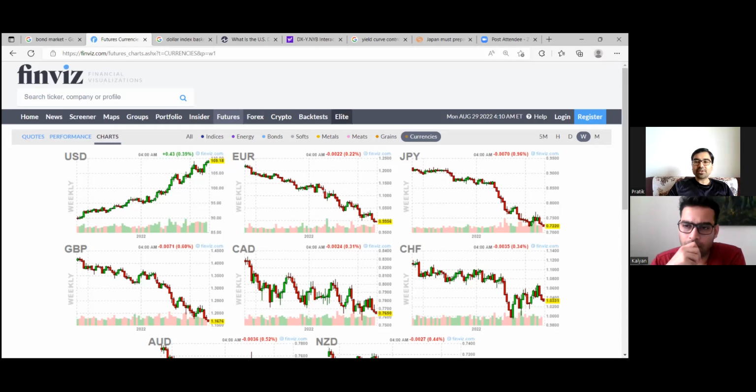But suppose you have a country like Venezuela, which has high interest rates, which has high inflation, and there is no confidence of the investor that inflation will come under control. In that case, the currency will still weaken, even though your interest rates are going up, everything is going up. Even then, the currency will weaken.